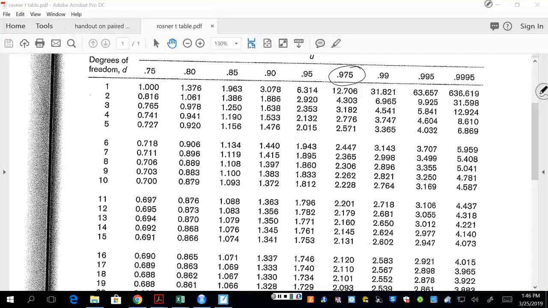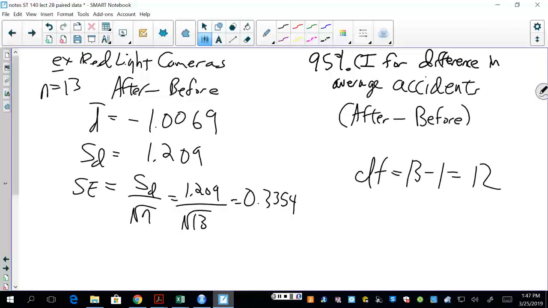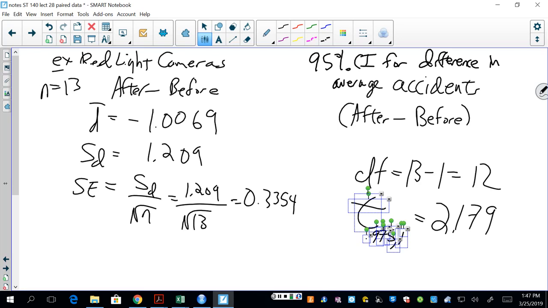Look at that one, and degrees of freedom 12. We look across here and find this value, 2.179. That's a value from the t-distribution, the same in all problems where we have degrees of freedom 12. So our t-value, the 0.975 with 12, is 2.179.